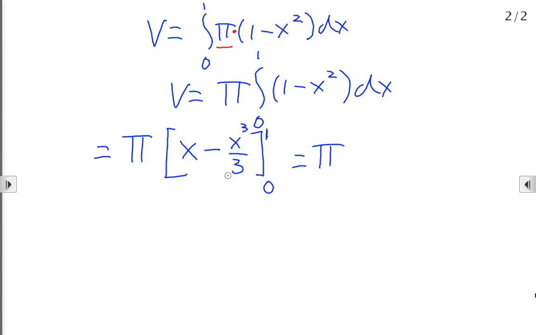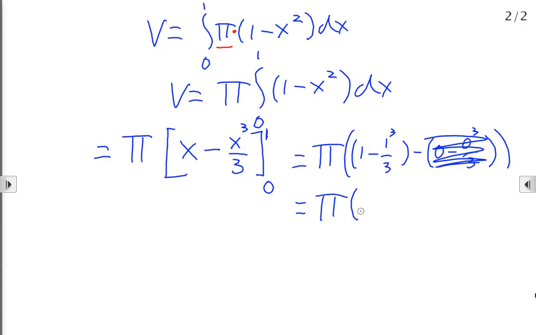This is our g function. We're going to find g of b minus g of a, and we'll just save multiplying by pi for the last step, because we've pulled it out and saved it for later. G of b is 1 minus 1 cubed over 3, and g of a is 0 minus 0 cubed over 3, which clearly equates to 0.